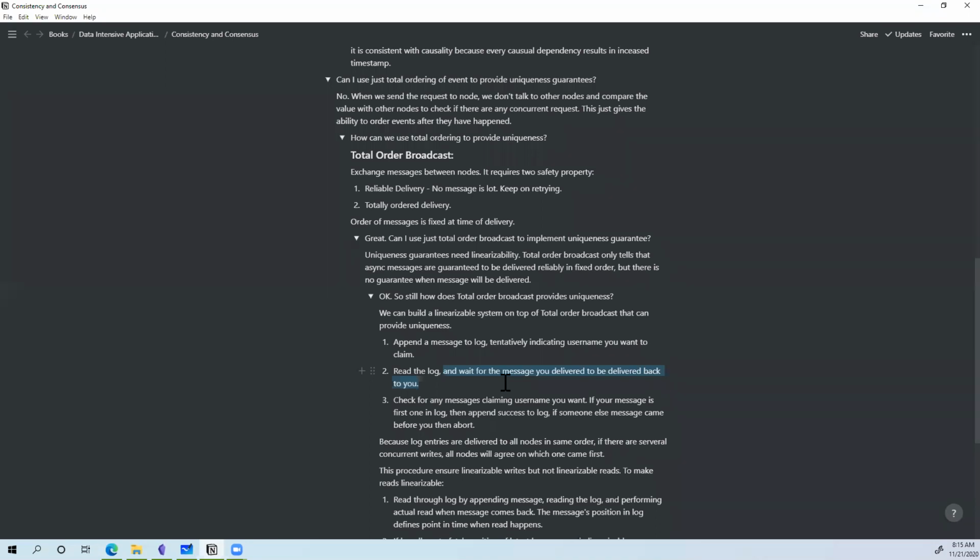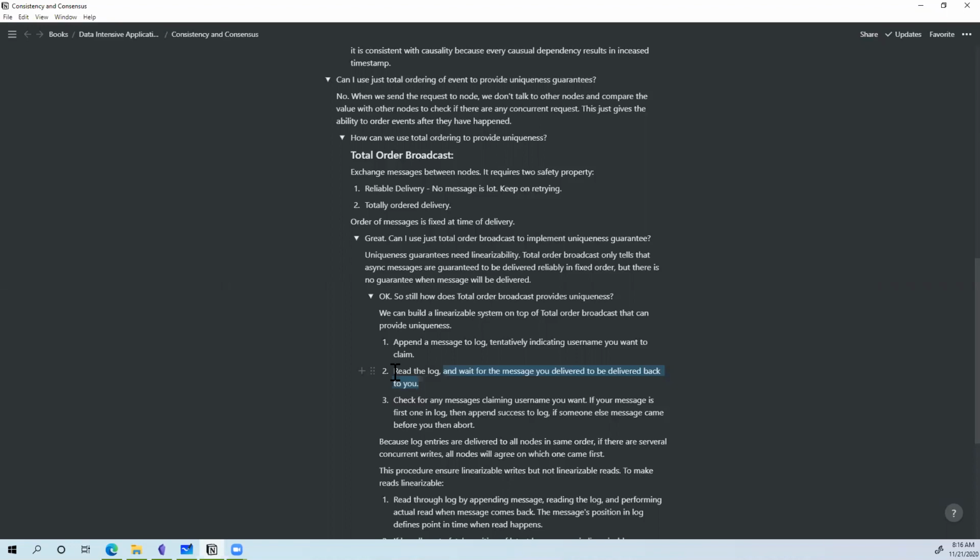Okay. So I think what's happening is we are appending the message and then we are reading the log. That read operation is also a total order broadcast, right? So in read also we will be asking every node.